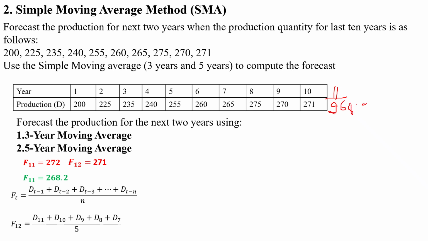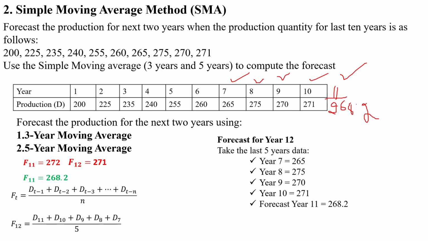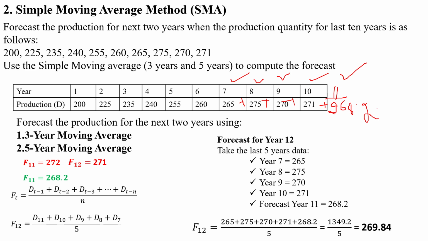So you consider the 11th, 10th, 9th, 8th and 7th year. F12 equals D11 plus D10 plus D9 plus D8 plus D7, which is (265 + 275 + 270 + 271 + 268.2) divided by 5, which is equal to 269.84. So this is the procedure to calculate the forecasted value by the simple moving average method.